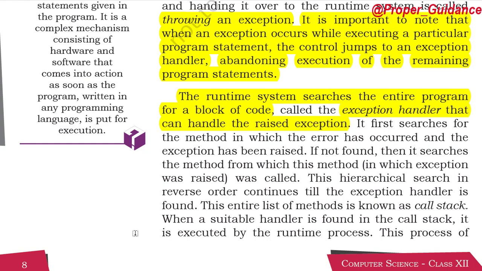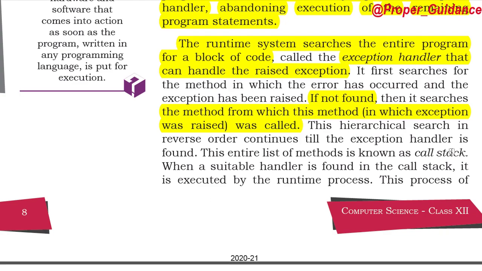It first searches the method in which the error has occurred and the exception has been raised. If not found, then it searches the method from which the method in which the exception was raised was called. This hierarchical search in reverse order continues till the exception handler is found.